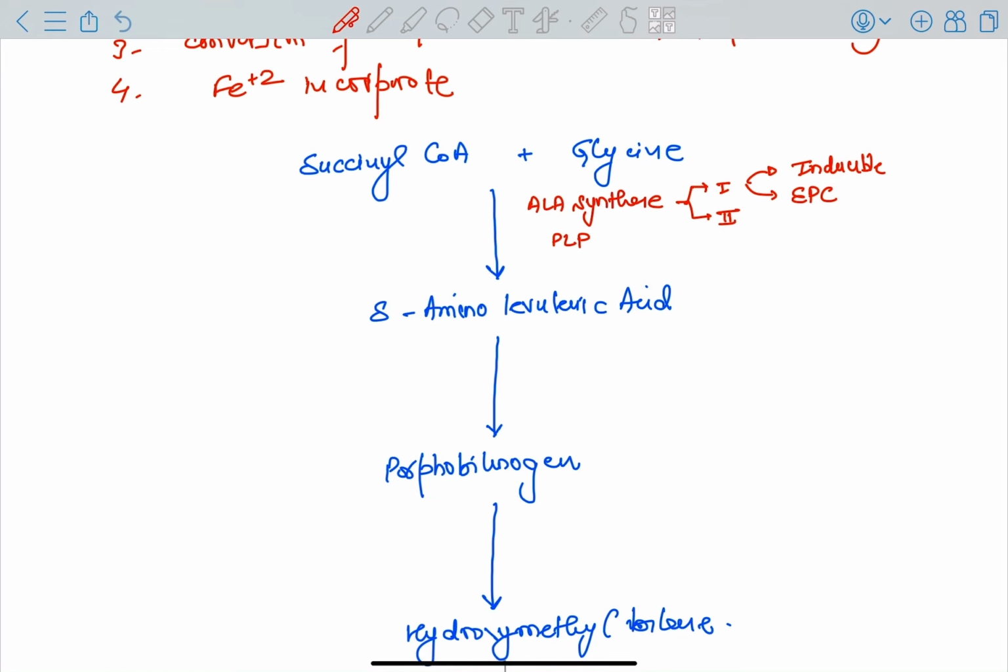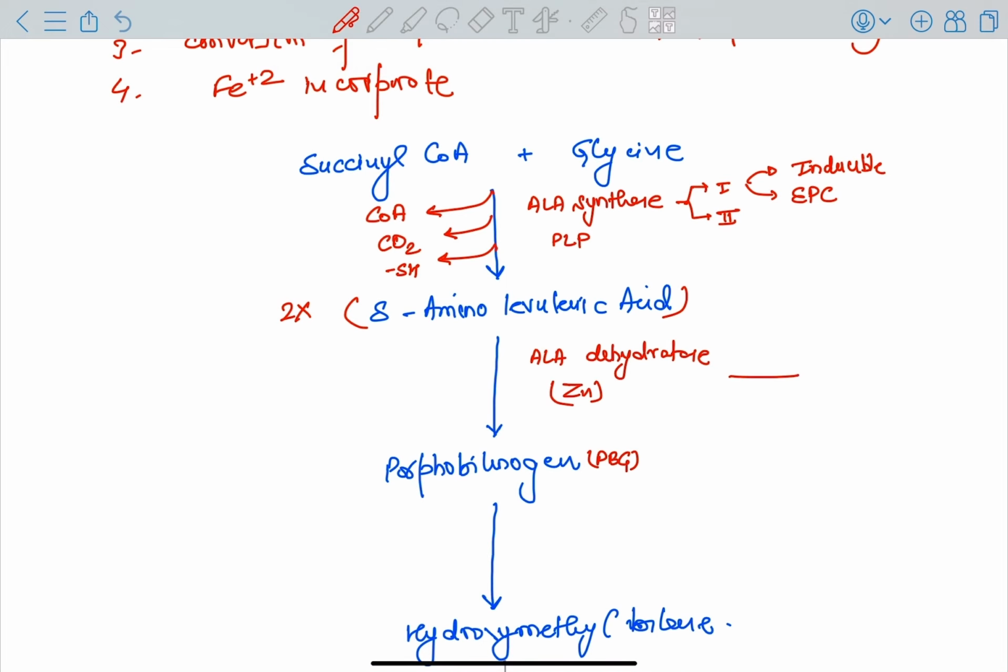From succinyl coenzyme A, coenzyme A is removed, CO2 is removed, and the SH group is also removed to form delta-aminolevulinic acid. Two molecules of delta-aminolevulinic acid form porphobilinogen, PBG. This requires ALA dehydratase, which requires zinc and is inhibited by lead.